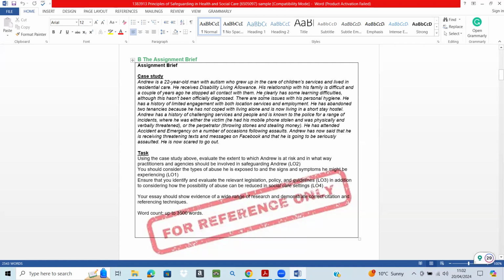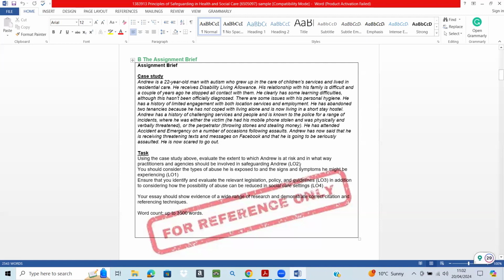And then we will always use the same command verbs. Tasks are these: using the case study above, evaluate the extent to which NDU is at risk and in what way practitioners and agencies should be involved in safeguarding NDU. Can anyone tell me which is the command verb here?